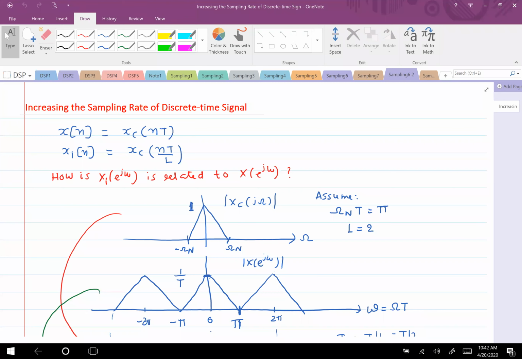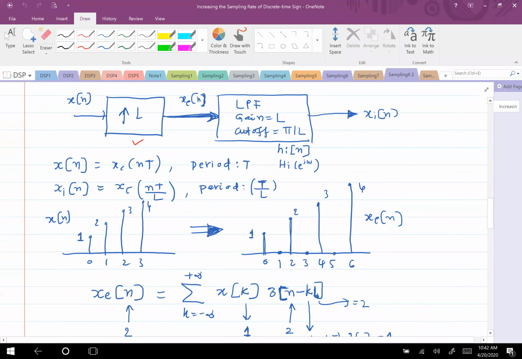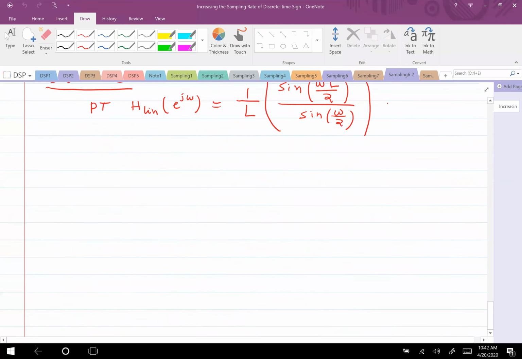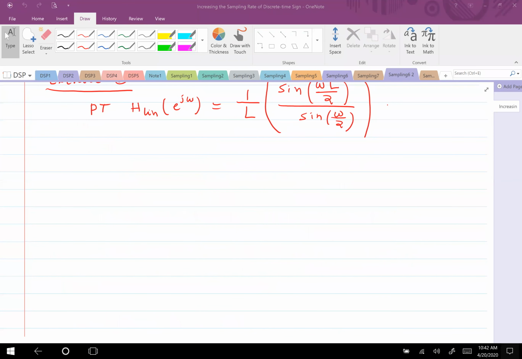So the third module in sampling was to reconstruct the signal from a discrete time signal. You would like to reconstruct the continuous time signal, right? So we were doing it from x of n. Let me also scribble here so that what I'm talking about makes sense.